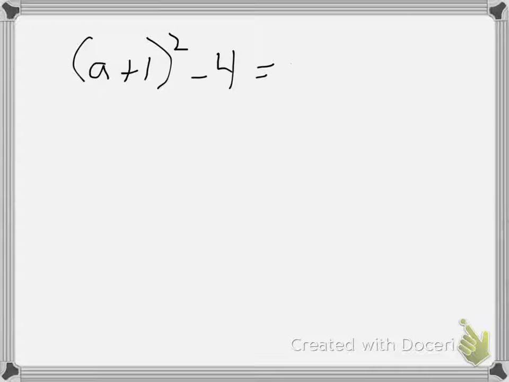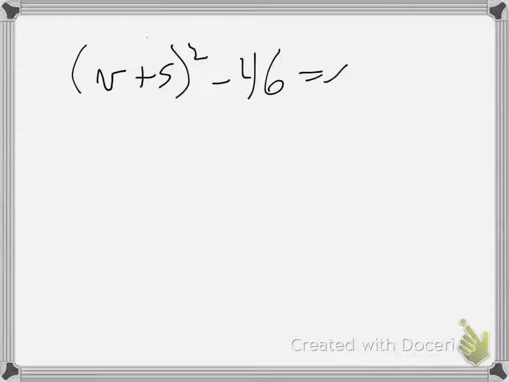Is that right? Equals y? No. Sorry, I'm on the wrong paper. I'm on your paper from yesterday. So let's try y equals x plus 5 squared minus 46. That looks better.